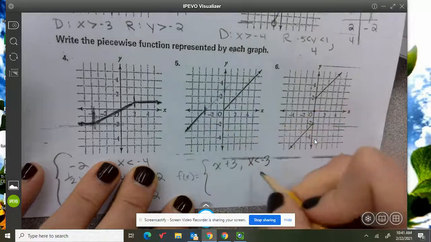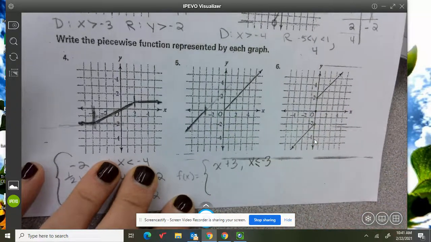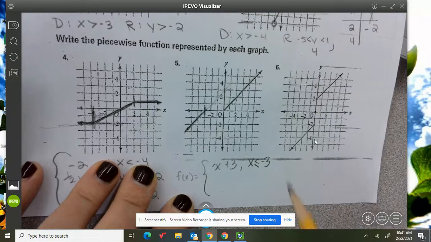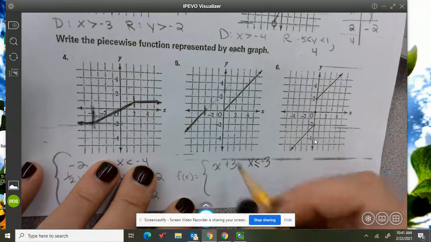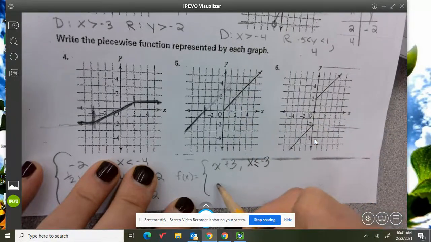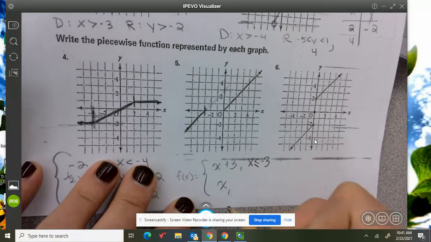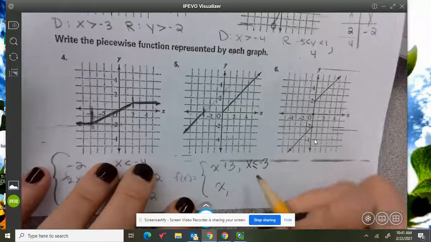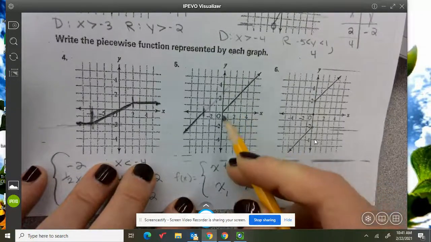Okay, if you can't tell, looks equal to, sure, put it. On your test, it'll be very, very vivid if it is equal to or not. Here, same thing, up 1 over 1. Your y-intercept here is 0, so you don't need to put it. x is greater than 0.